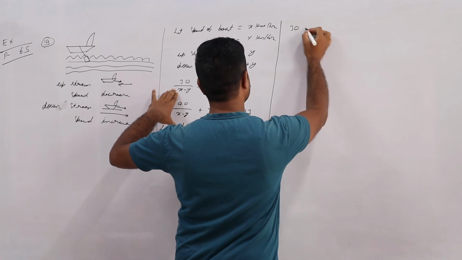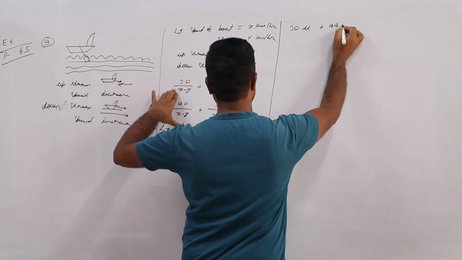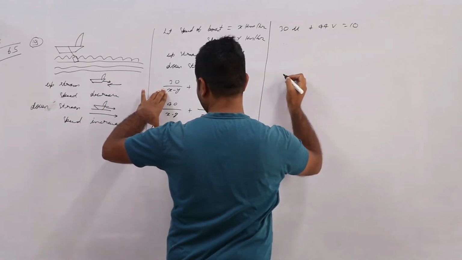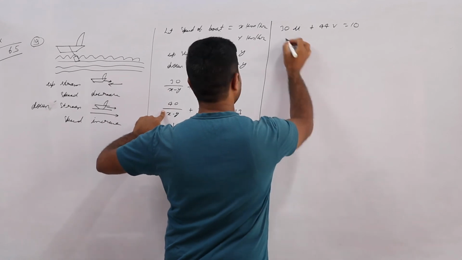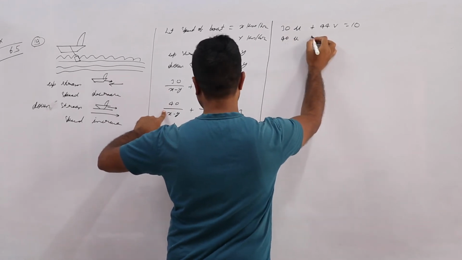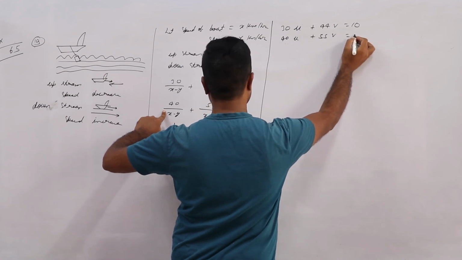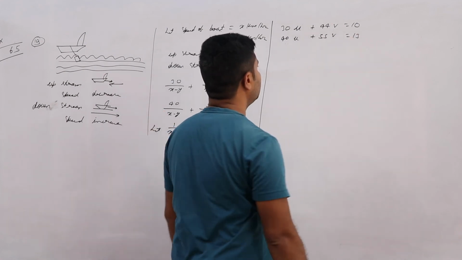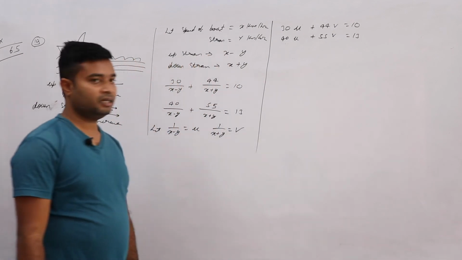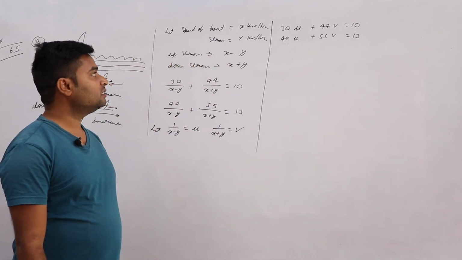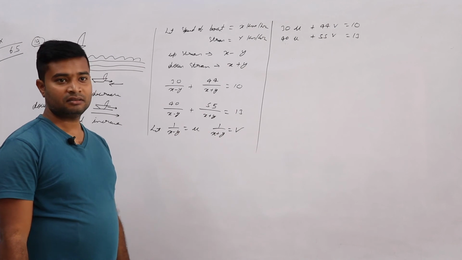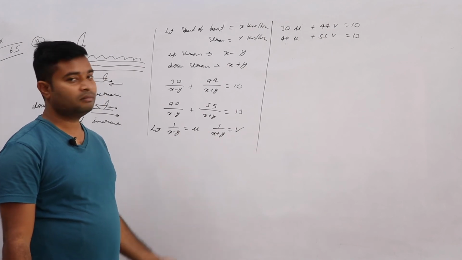30u plus 44v is equal to 10, and 40u plus 55v is equal to 13. Now we should cancel one of them. Which one will cancel, u or v?